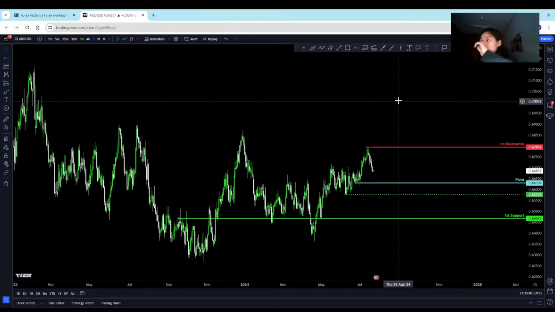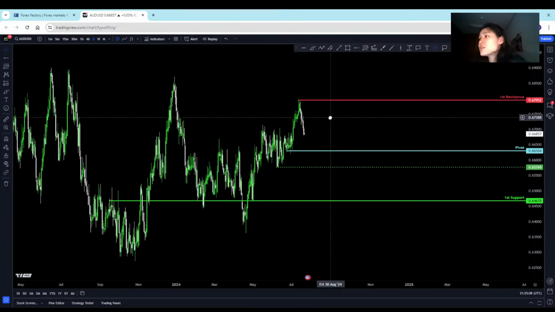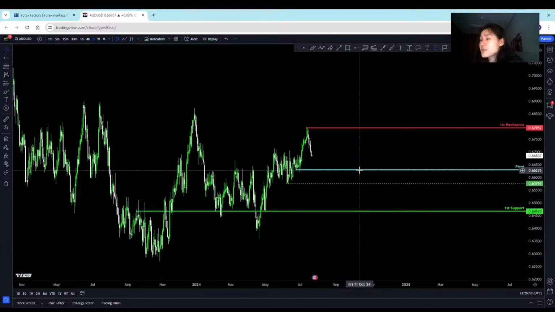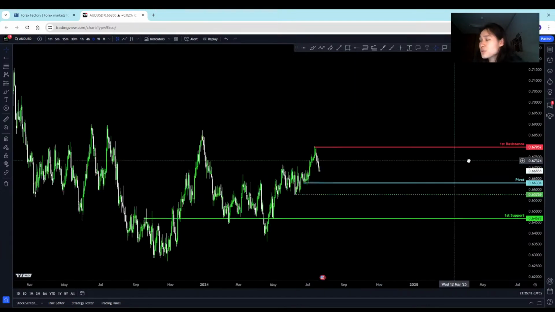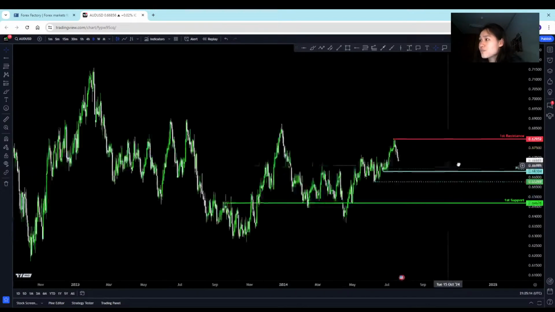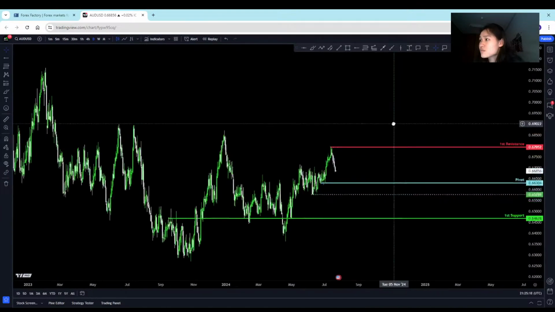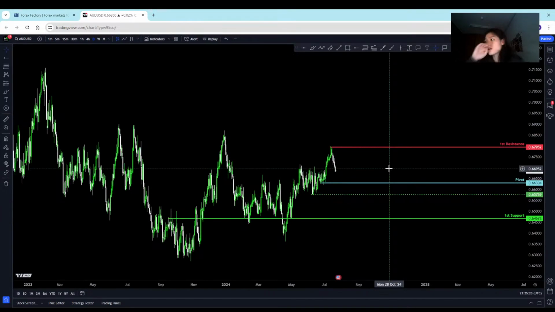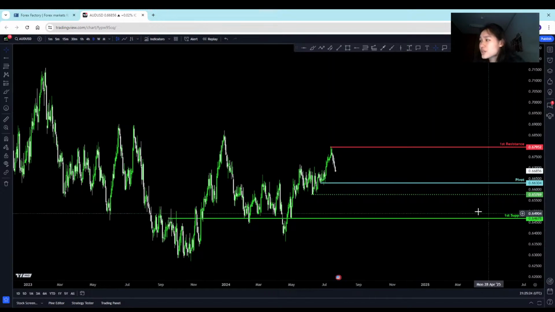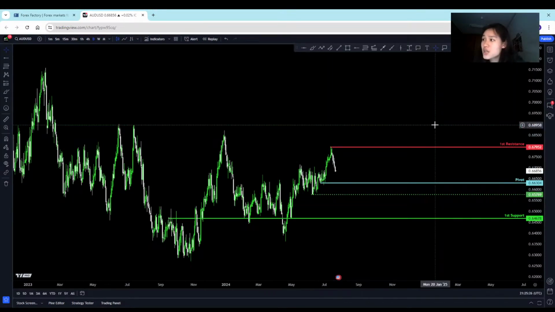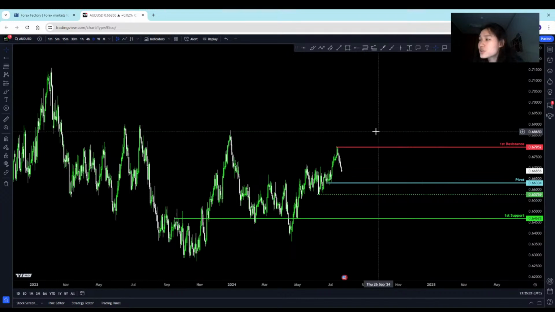From the looks of this, I am expecting price to continue to drop to my pivot. It will probably continue to break out of our pivot and head towards our first support, because we normally will just follow the trend.